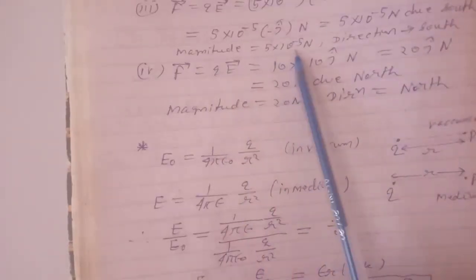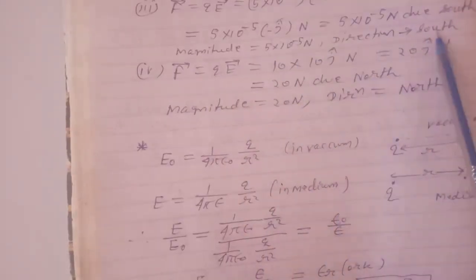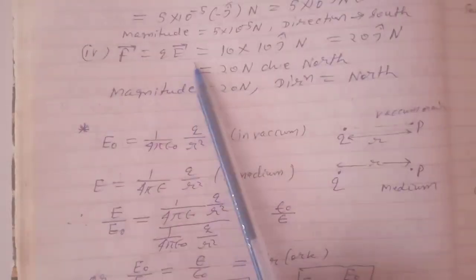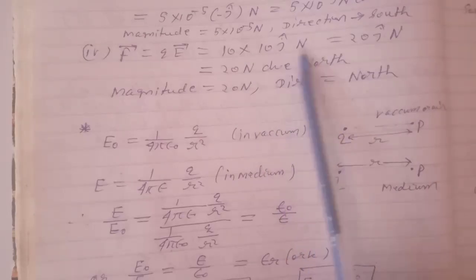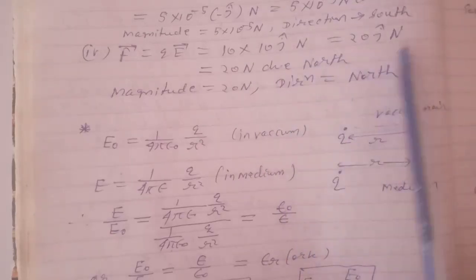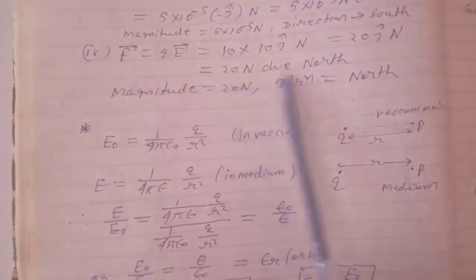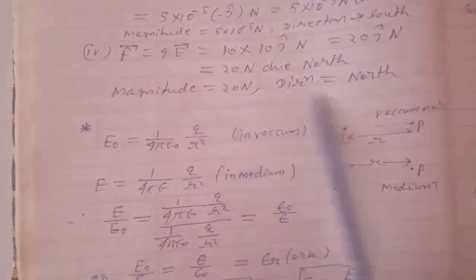So magnitude 5 × 10^-5 newton and direction south. Similarly, for this, F vector = Q E vector = 10 × 2 j cap newton, 20 j cap newton. So it equals 20 newton due north, magnitude 20 newton, direction north.